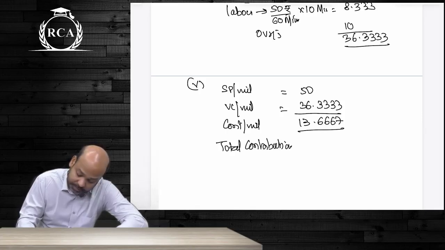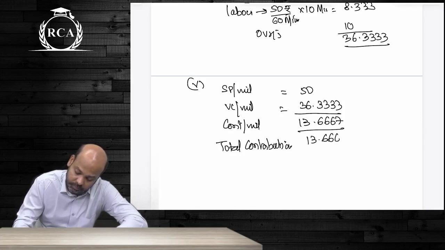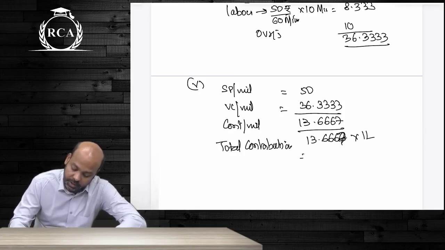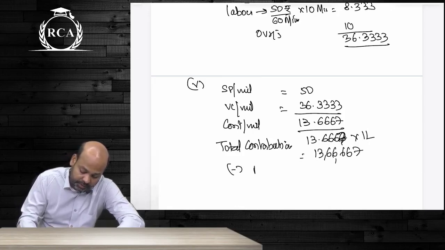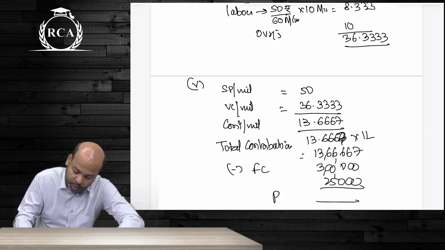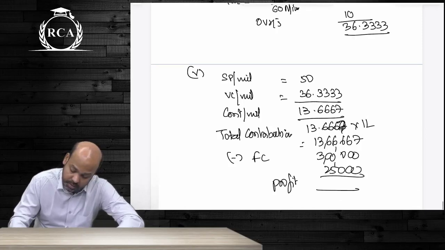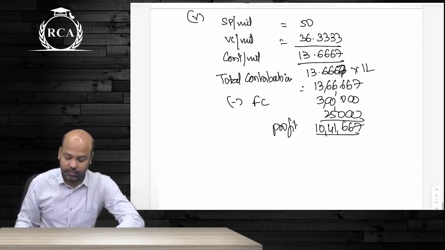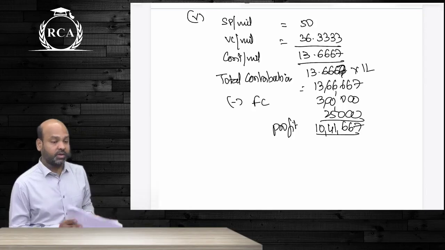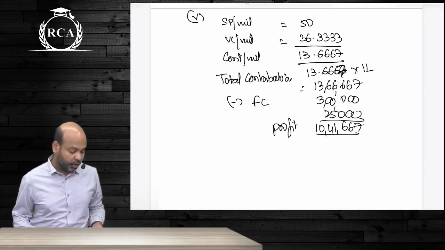How much will that become? 13 lakhs 66,667. Minus fixed cost में बेटा 1 is 3 lakhs, 1 is 25,000. What will be your profit? 10,41,667. Selling price is 50 rupees. Variable cost is 36.33333, guys. You deduct it and then you write.